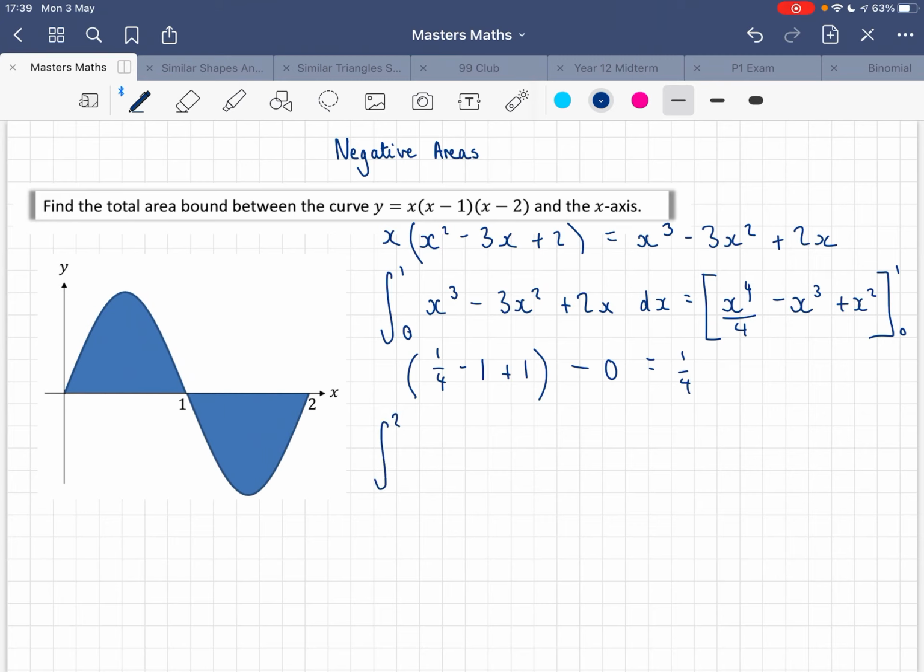And then if I did the same thing with 2 and 1, obviously when I integrate it, I get the same thing. So I'm integrating the same curve, just with different limits.